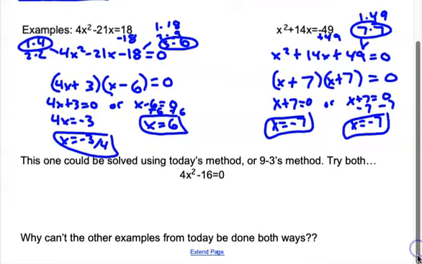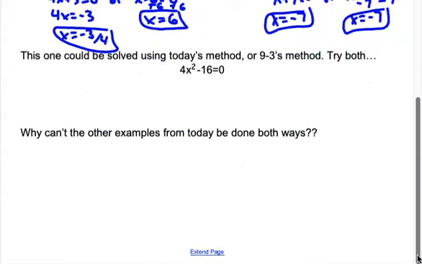Last thing, okay, this one, 4x squared minus 16, could be solved using today's method or with yesterday's method. If I was looking at this one, we could solve by square roots. 4x squared minus 16 equals 0.